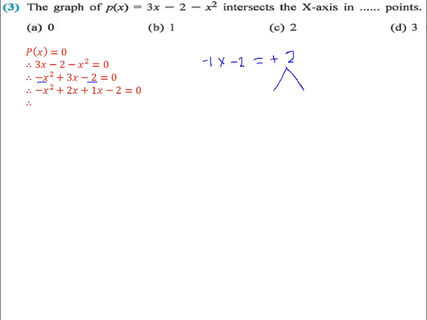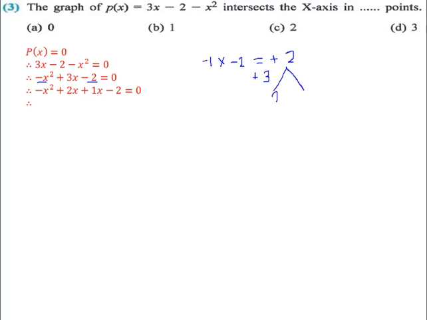Divide 3 into two parts. The multiplication of these two parts becomes 2 and the sum of these two parts becomes 3.